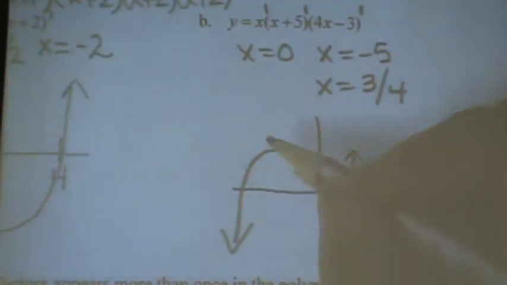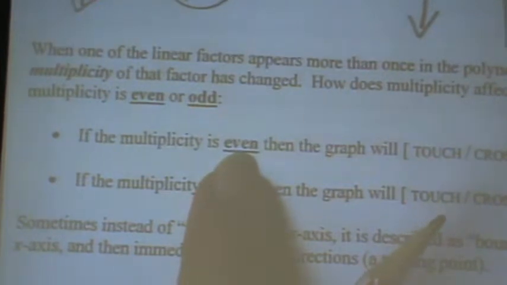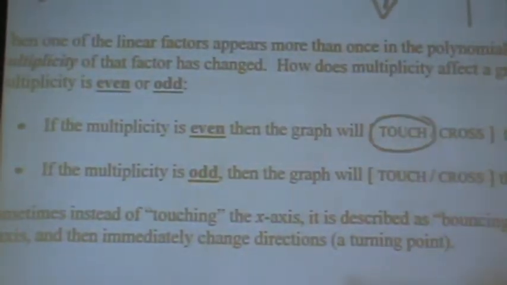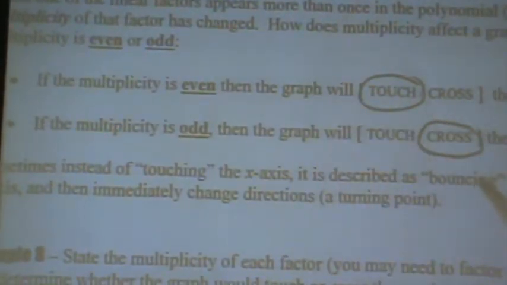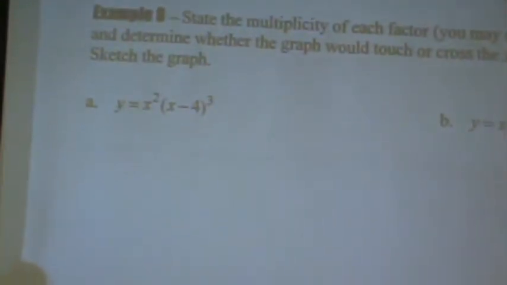Okay? So, this is what I just talked about. If the multiplicity of the 0 is even, the graph is gonna touch and bounce off of it. But if it's odd, it'll cross through it. You gotta know those.